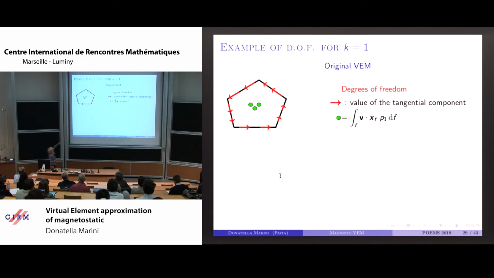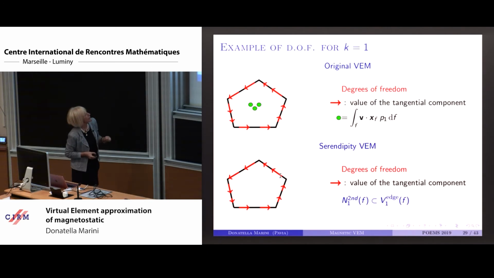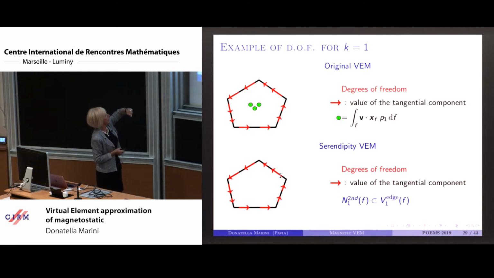This is an example for k equal 1 of the original degrees of freedom: two values of the tangential component, which is linear on each edge, plus 3 degrees of freedom inside. And on a polygon like this, with the serendipity procedure, we can eliminate all the 3 degrees of freedom.